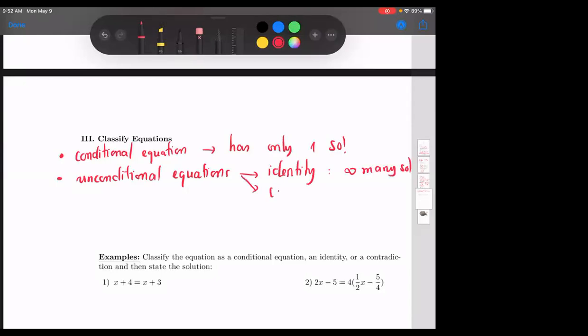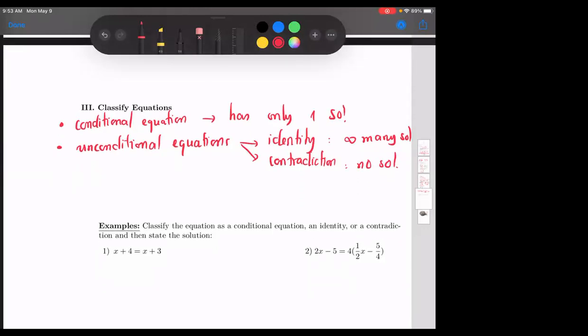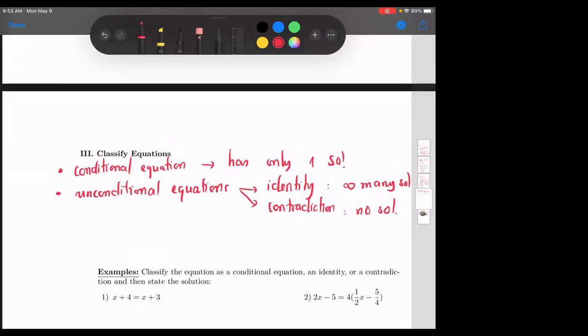And contradiction, which means no solution. Right, so for the conditional equation, that's what we've done so far. All the problems that you did have one solution.